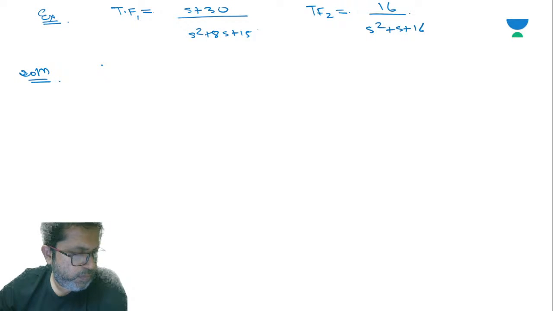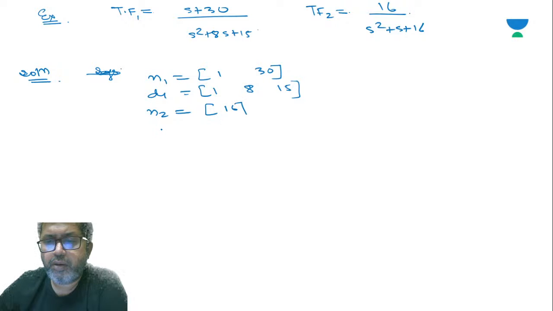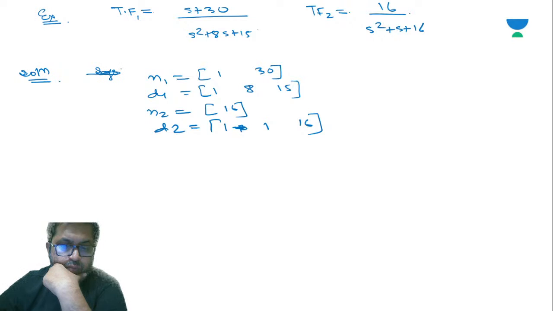Let us say n1 is equal to [1 30]. d1 is equal to [1 8 15]. n2 is equal to 16. d2 is equal to [1 1 16].